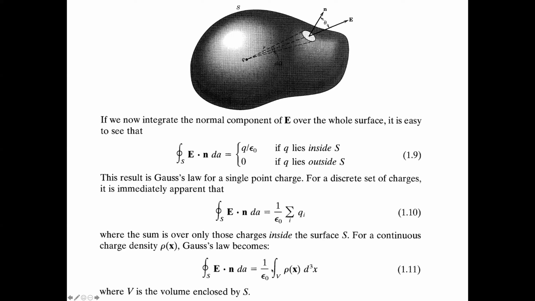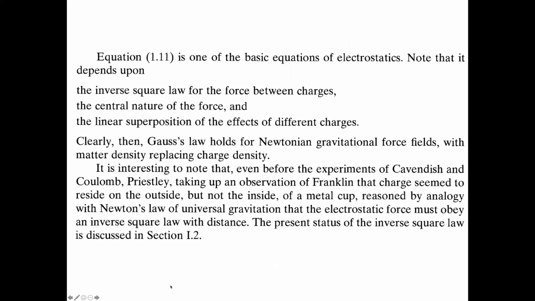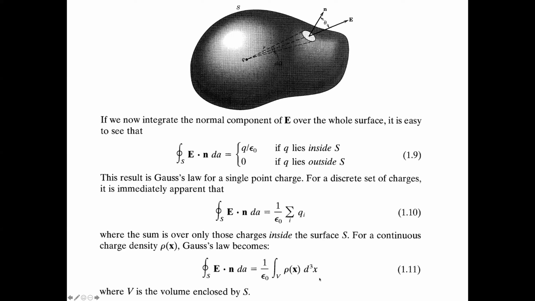So it's the density function times d volume, and then an integral over the volume. Here, V is the volume enclosed by S. So you just do the volume integral, then you get the net charge inside the volume.